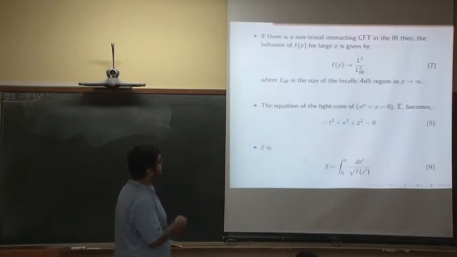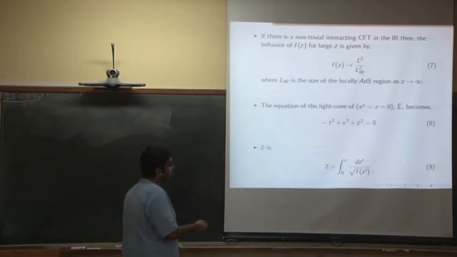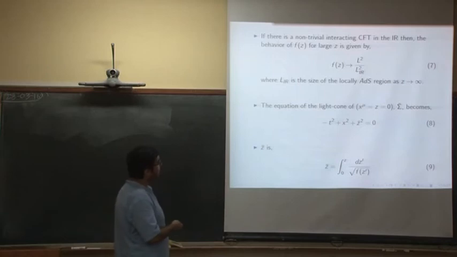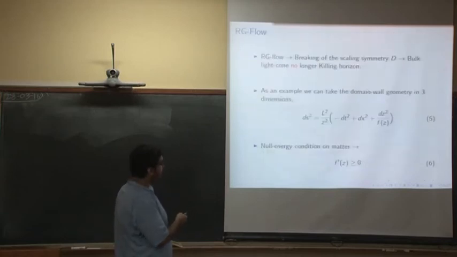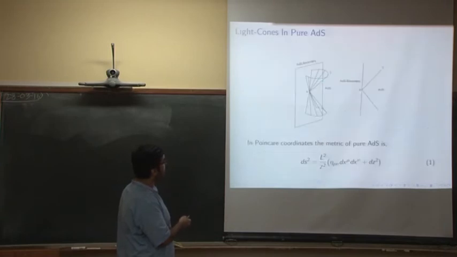So now the equation of the light cone sigma bar becomes this, which is minus t squared plus x squared plus z bar squared equal to 0, where we have defined this coordinate z bar as some integral of dz prime over square root of f(z prime). Okay, so now this sigma bar is essentially the deformation of this sigma.